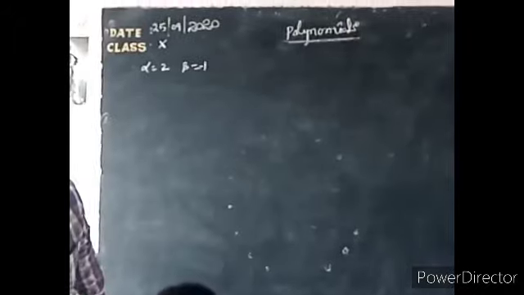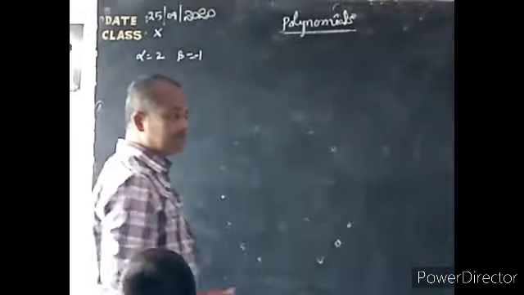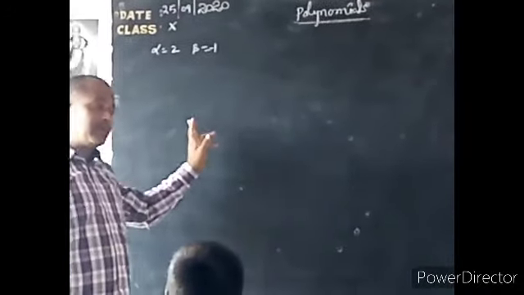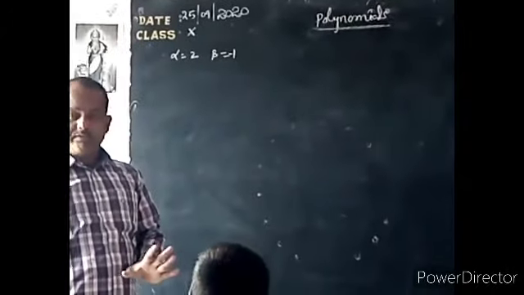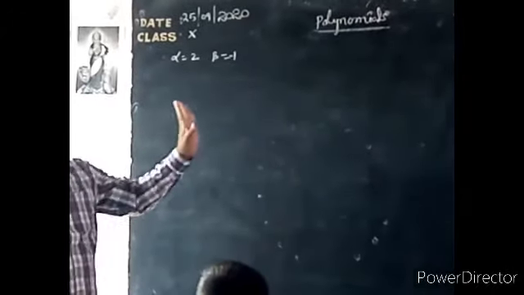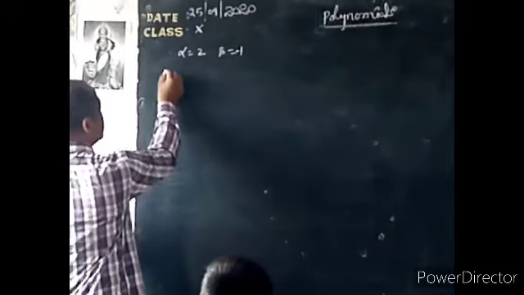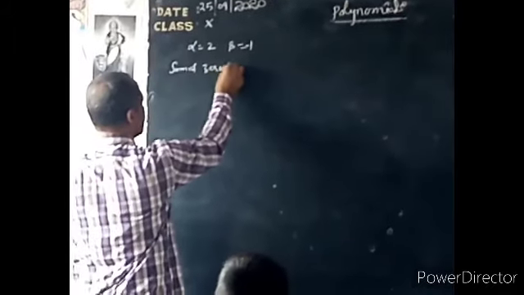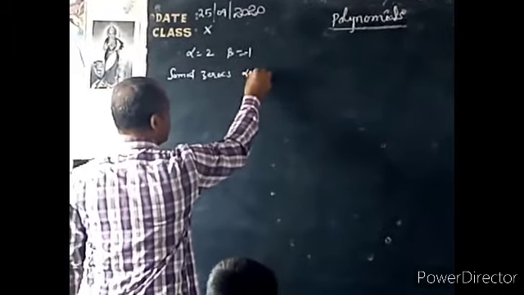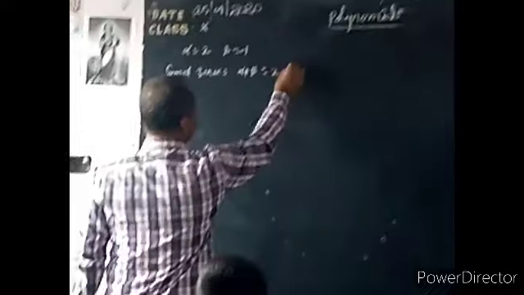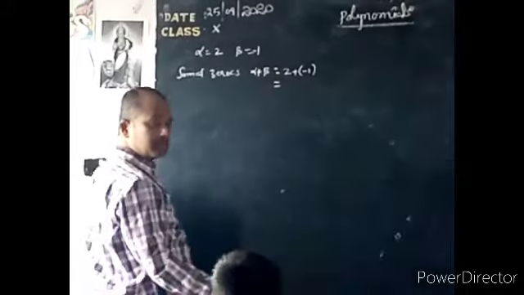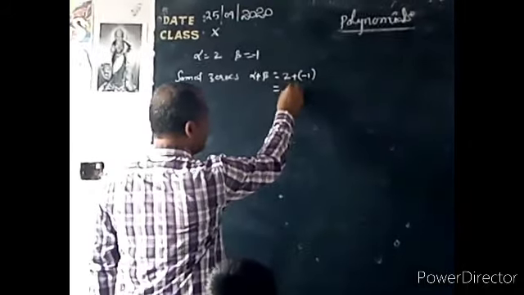In the previous problem, sum of zeros and product of zeros were given. Now here individually zeros only are given. So from this we have to find first the sum of zeros and product of zeros. Sum of zeros: alpha plus beta, that is 2 plus of minus 1, that is 2 minus 1, that is 1.